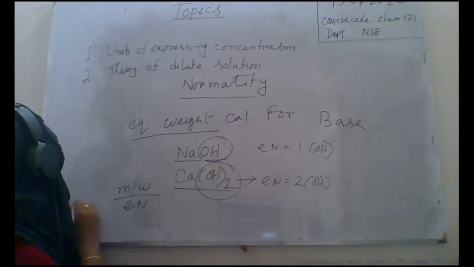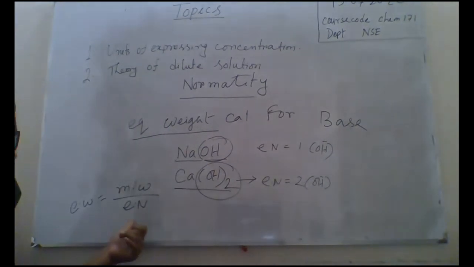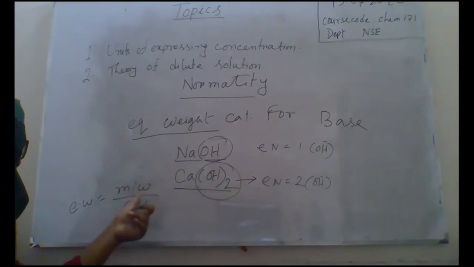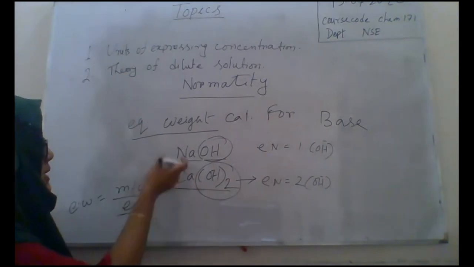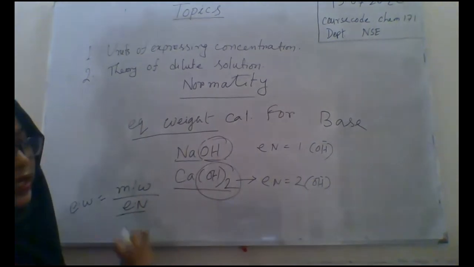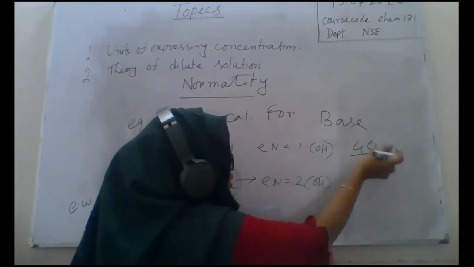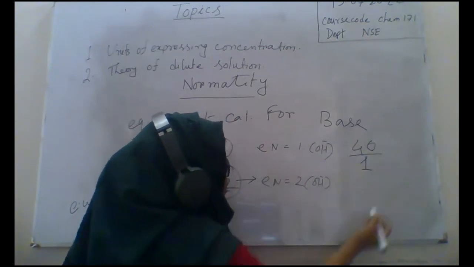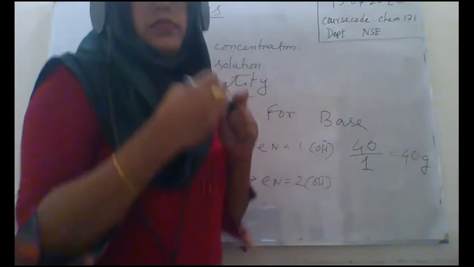This is the equivalent weight equation: equivalent weight equals molecular weight divided by equivalent number, where the equivalent number for an acid is the number of H+ ions and for a base is the number of hydroxyl ions. For sodium hydroxide the molecular weight is 40 and the equivalent number is 1, so the equivalent weight is 40. Is it clear?